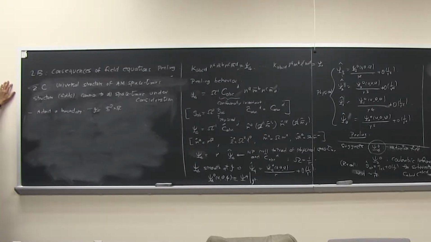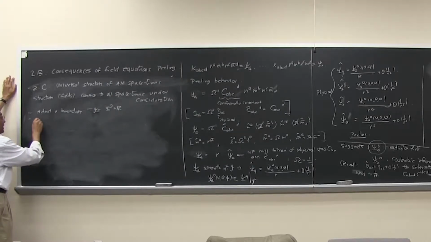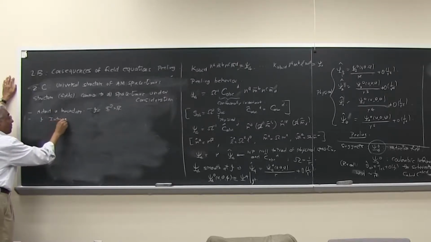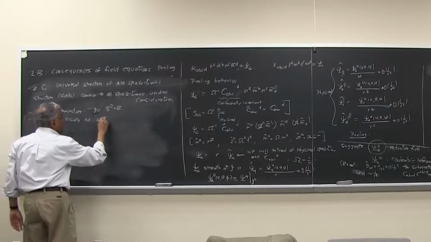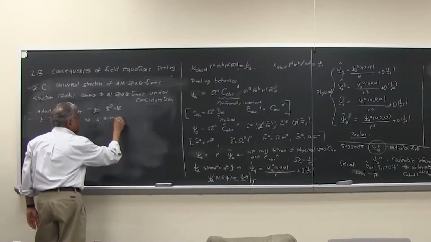What is of interest to us is Scri plus, where the radiation emitted finally lands up. So let's suppose it admits a boundary which is Scri. Then on this boundary, it is null. So if I look at Scri intrinsically as a 3-manifold, what structure does it have?